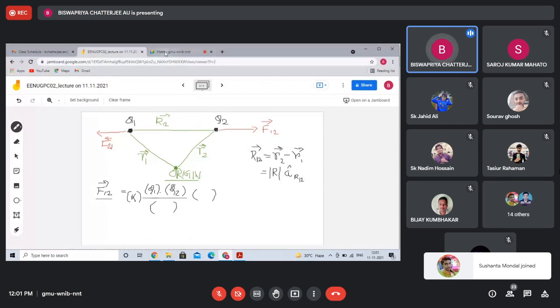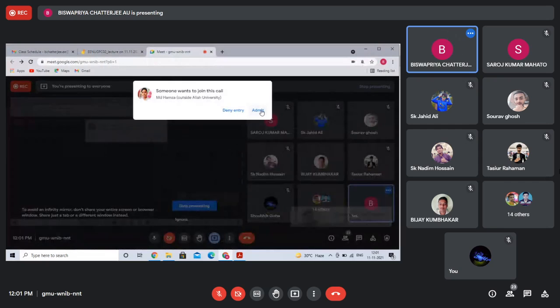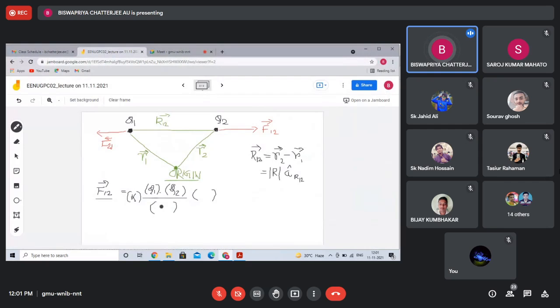So we have the distance squared, and you must have this direction, the unit vector a R12.